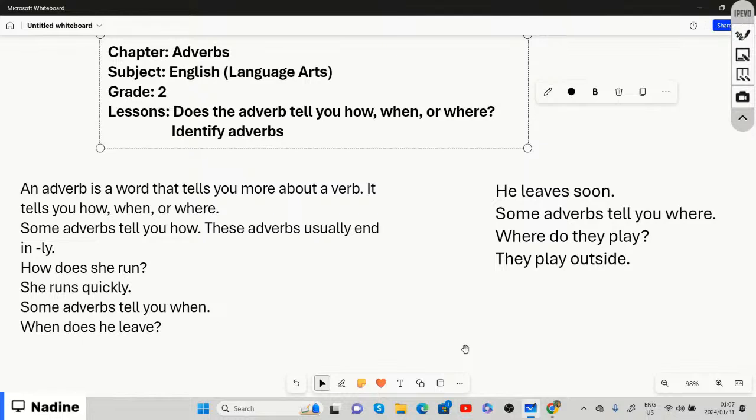Some adverbs tell you how, and these adverbs usually end in ly.